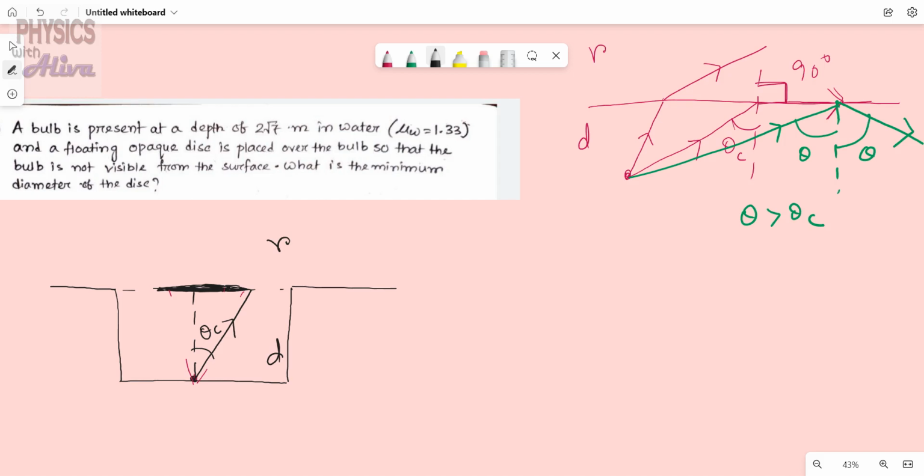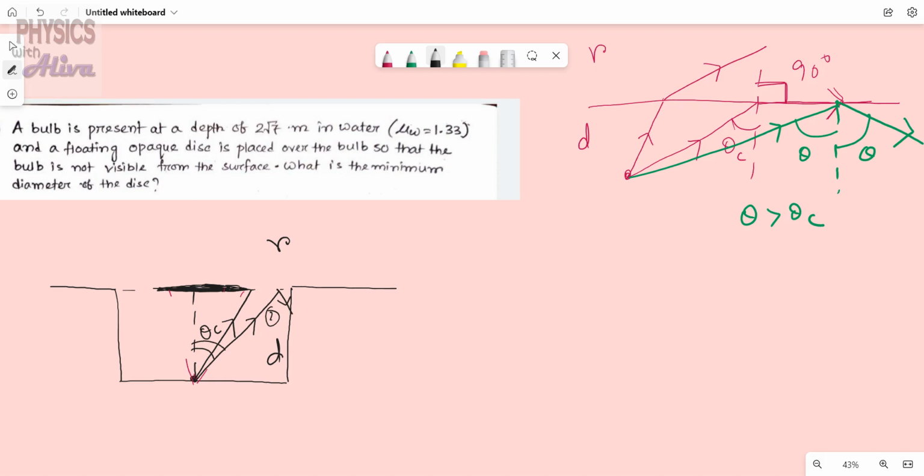If this angle is equal to the critical angle, then when the ray comes this way, this angle theta should be greater than theta c. So this second ray will get reflected back to the medium.